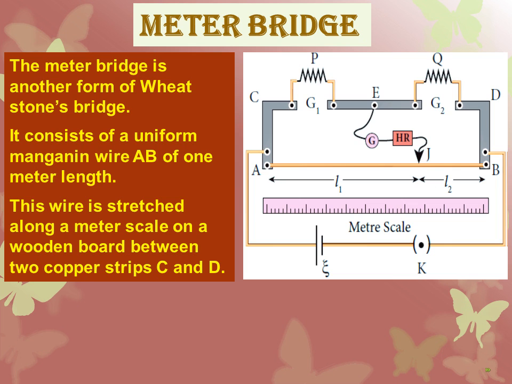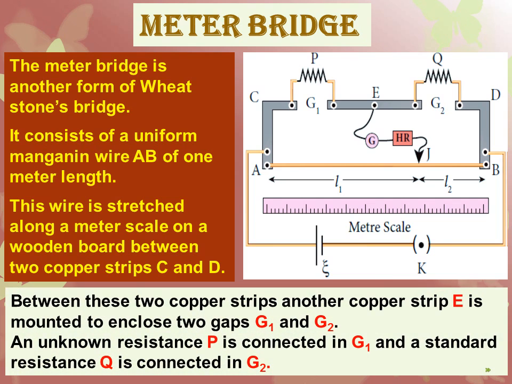The wire is stretched along a meter scale on a wooden board between two copper strips, that is C and D. Between these two copper strips, another copper strip E is mounted to enclose two gaps G1 and G2. An unknown resistance P is connected. This is an unknown resistance.